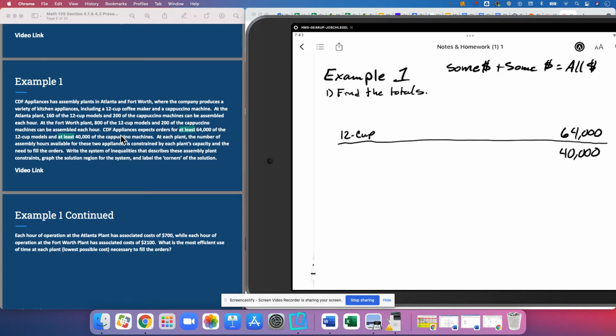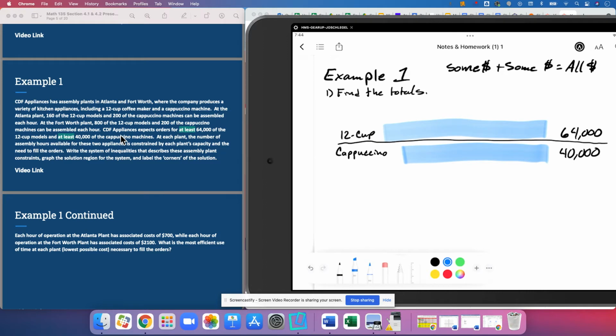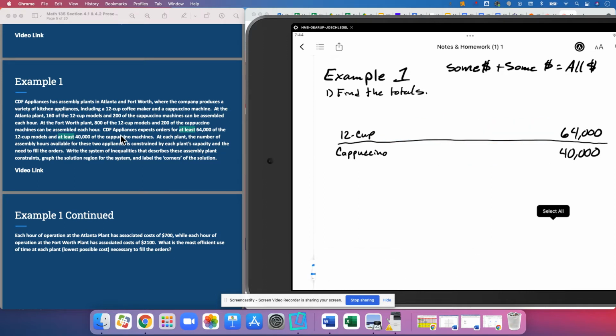And the 40,000 is going to be for the cappuccino machines. So somewhere between in this space here, we're going to come up with an inequality that represents how many 12-cup machines and cappuccino machines can be produced given the constraints.